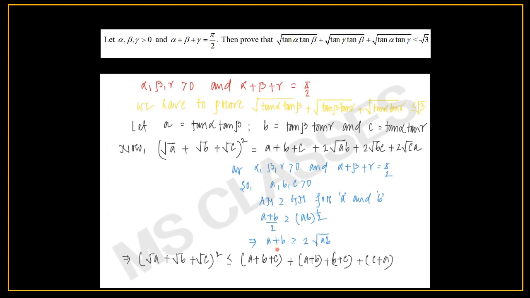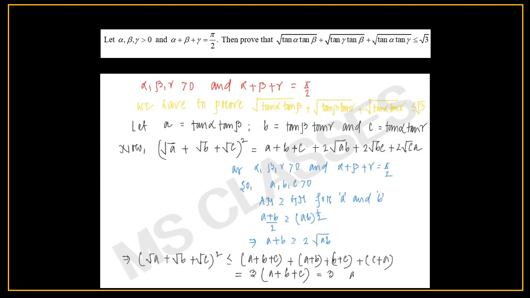Now we can write that this is equal to 3 times (A plus B plus C). Now when we add A plus B plus C, since alpha plus beta plus gamma equals pi by 2, the result should be 1. So this is 3. Why?